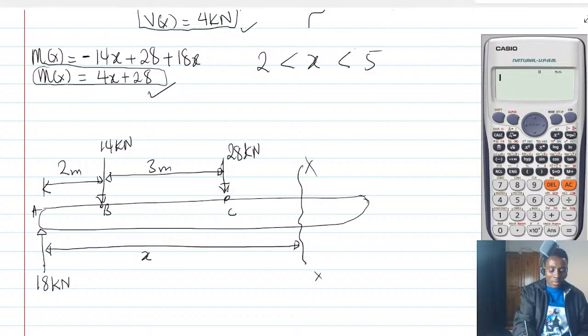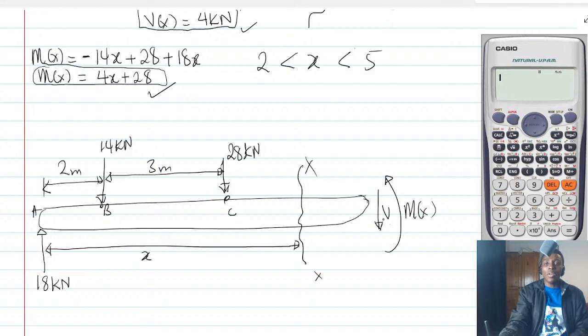Is that right? Okay. Now let's look at it. So for this one, it means that the shear force will come down and the bending moment will go that way. That right? All the time.